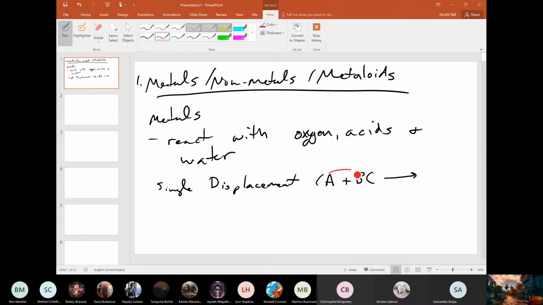We do have 2 scenarios. We're going to deal with the cations here switching around. Gives us B and AC. So that's scenario 1. There is scenario 2 where you have the anions switch around. That's not necessarily what we were going to be dealing with here, but that's fine.